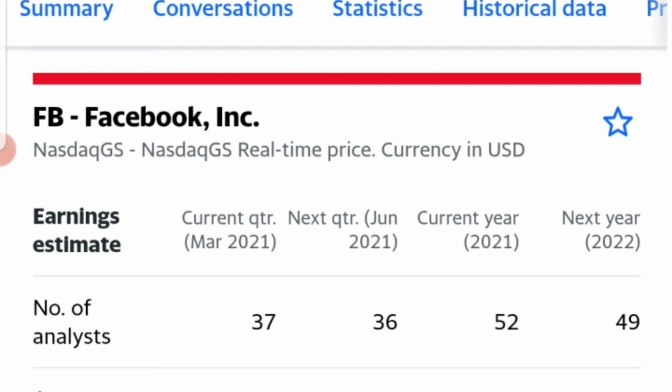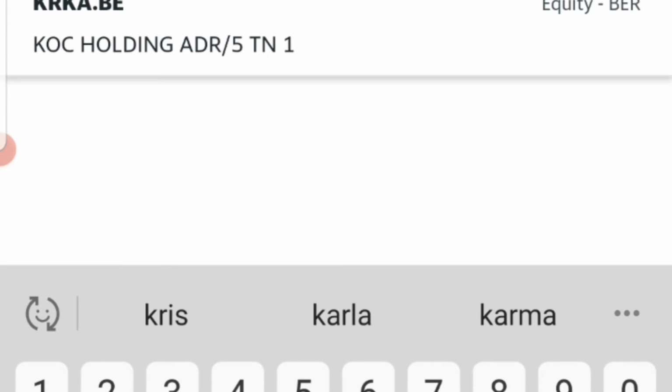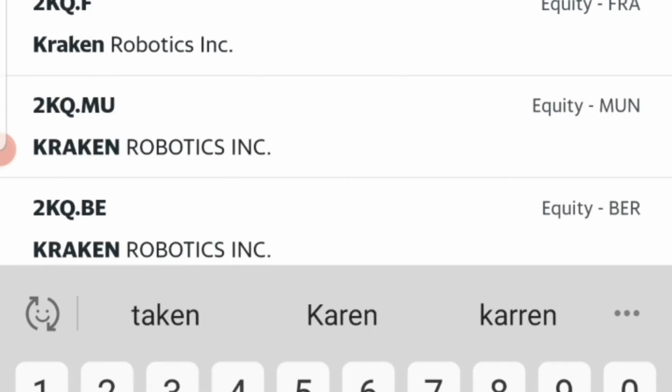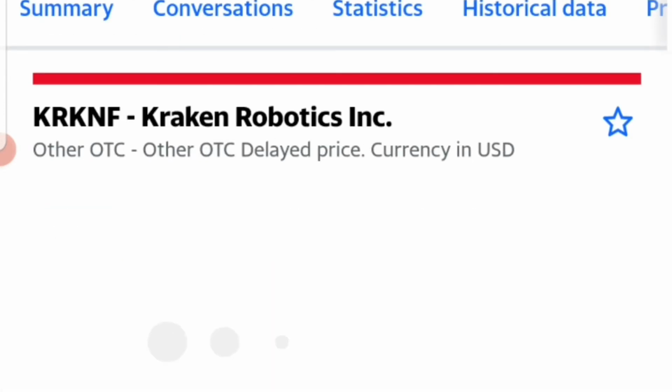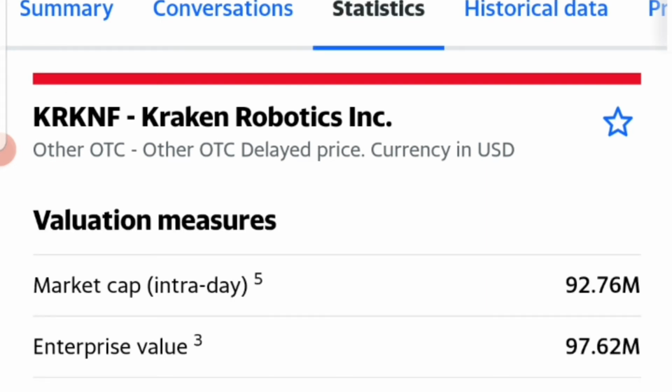Now we're going to look at an OTC stock to compare. Kraken Robotics, this one I spoke about, and you'll see the enterprise value is above the market cap.